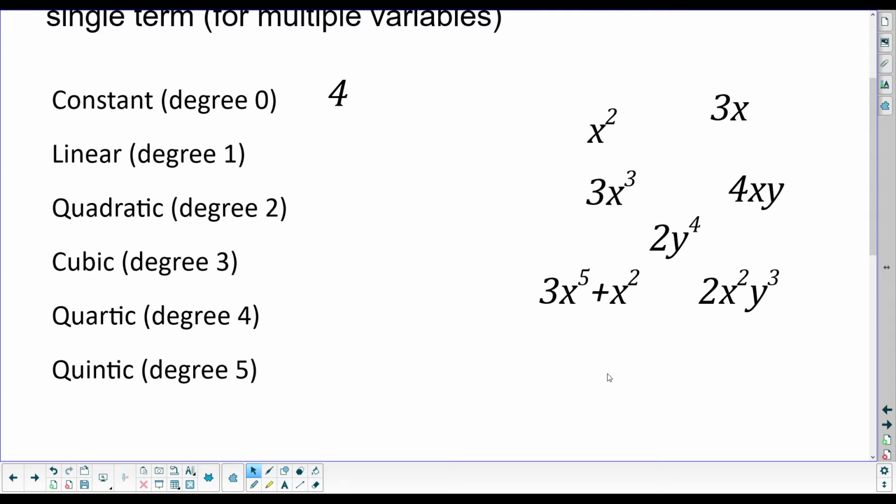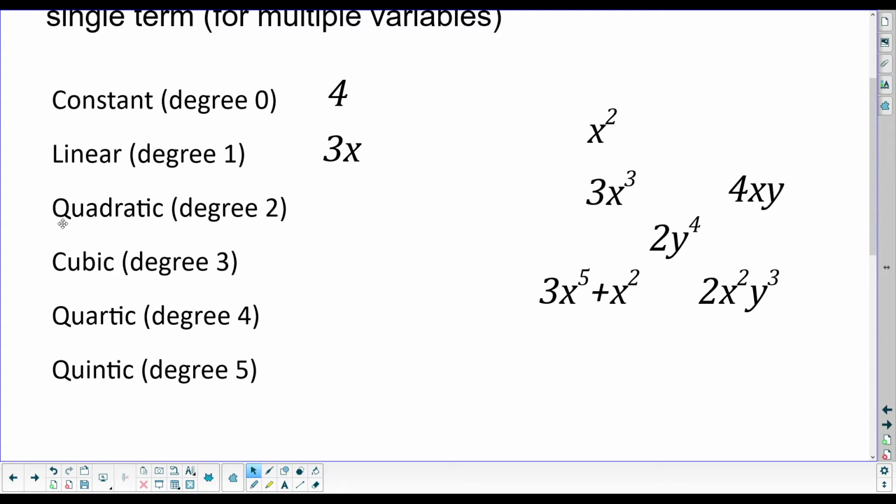A degree of 1. When we have a degree of 1, we usually don't write that. So 3x here would be 3x to the first power. X is multiplied with 3, just one time. So this would be a degree 1. They call that a linear. And the reason is, if I were to make a graph out of all the points that satisfy this, it would make a straight line.